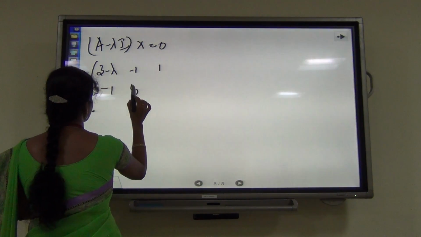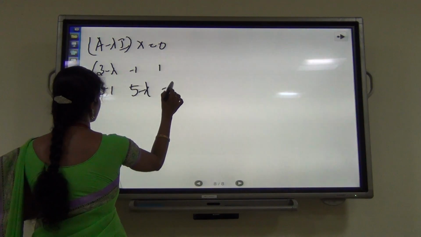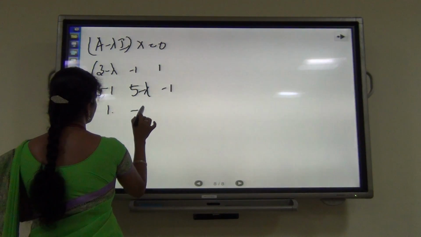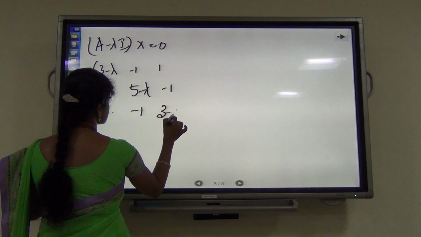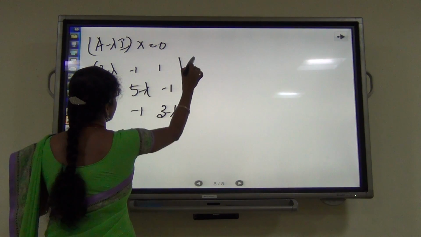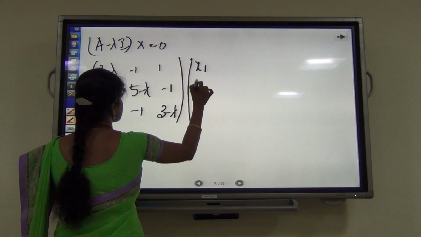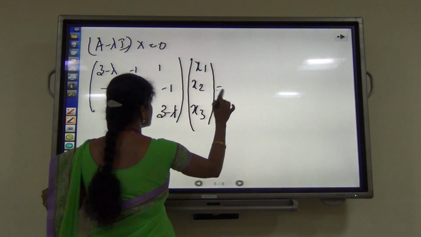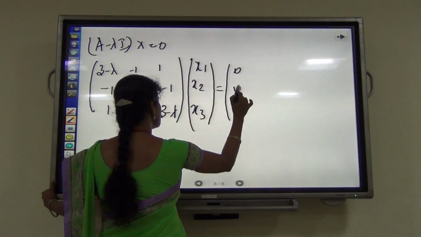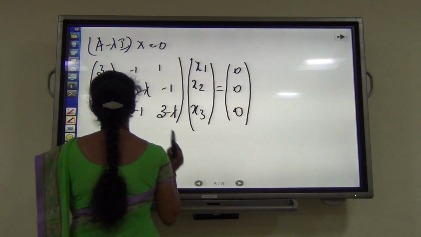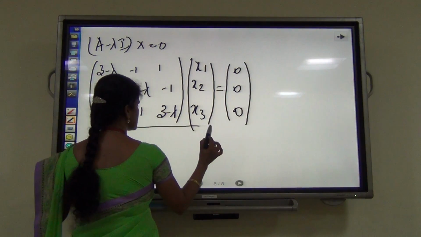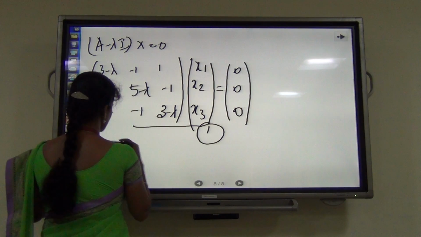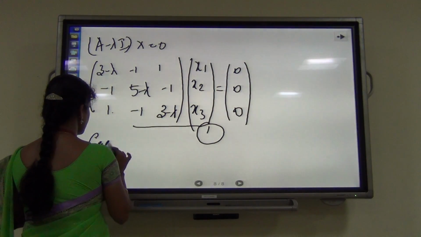It's minus 1, 5 minus lambda, minus 1, 1, minus 1, 3 minus lambda into capital X, which is x1, x2, x3, equal to 0, 0, 0. You can name this as 1. So let us find the eigenvector.